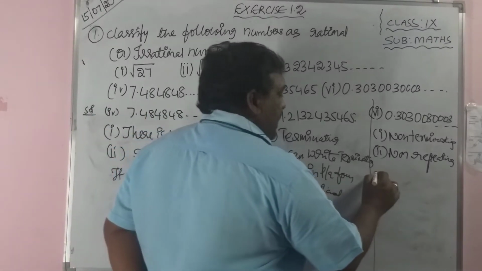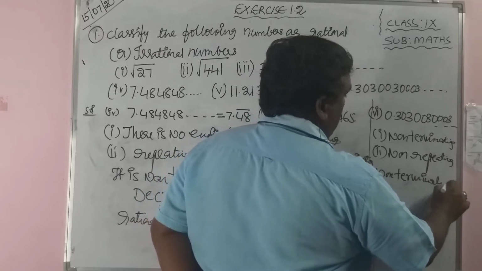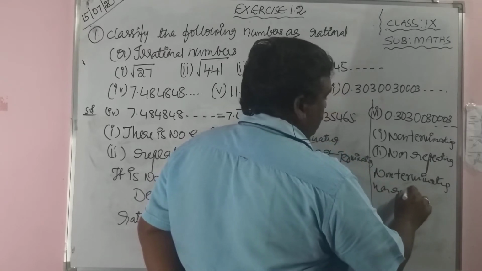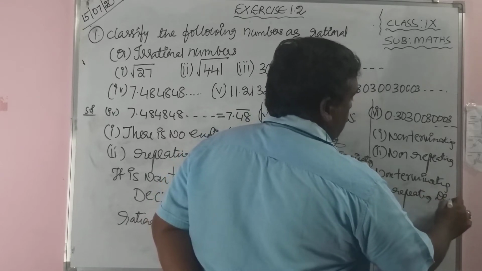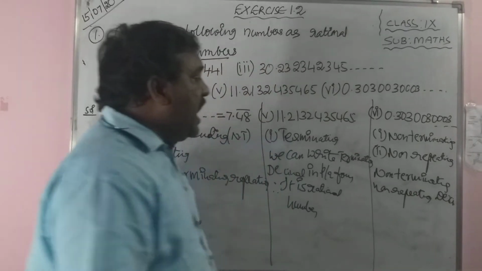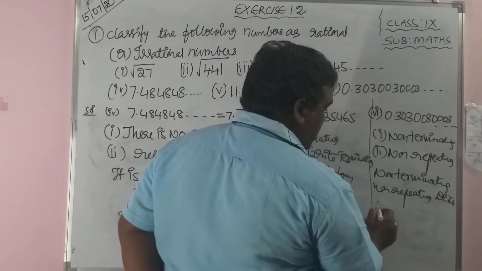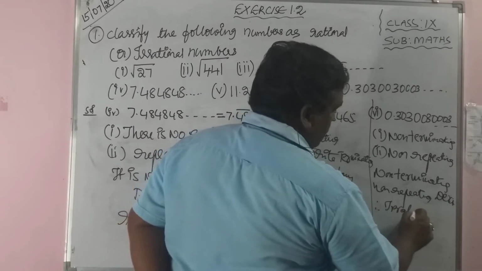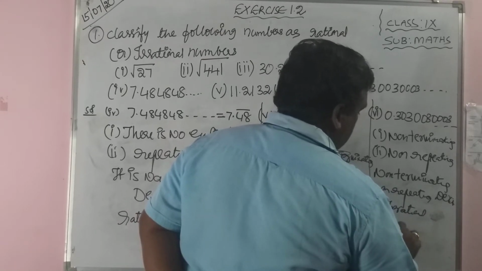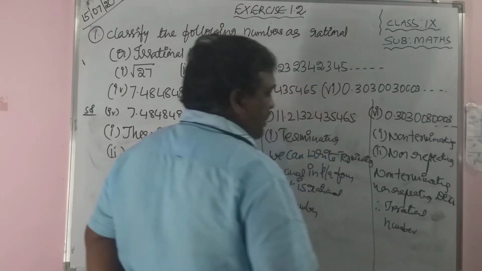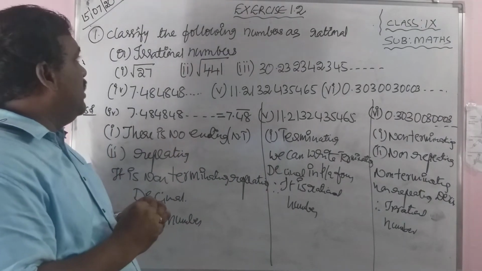Read together: non-terminating, non-repeating decimals are known as irrational numbers. Therefore, it is an irrational number. That is about problem number 1 in 1.2.